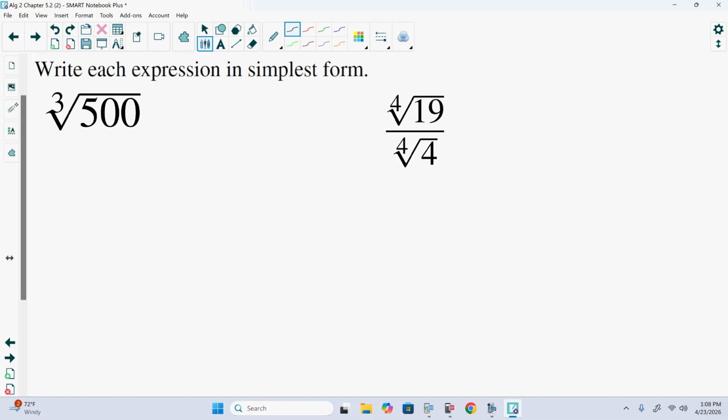Well, at this point, we have a good feeling that the cube root of 500, the calculator is not going to like it.